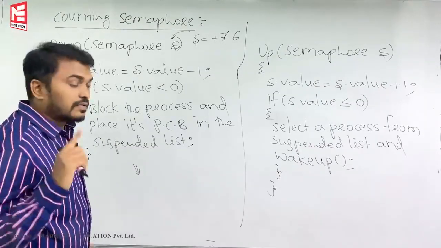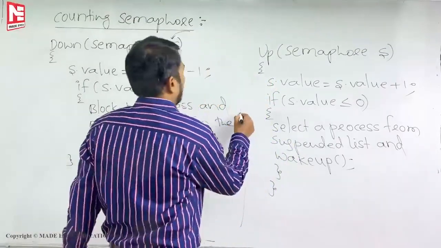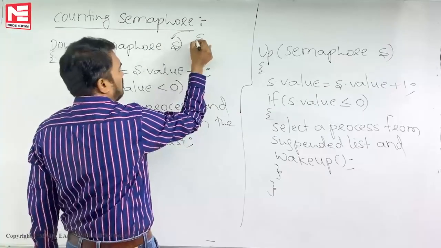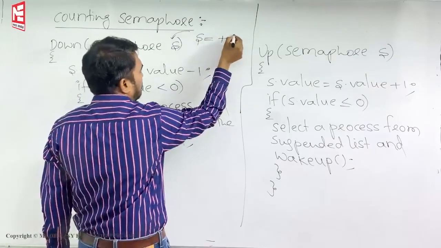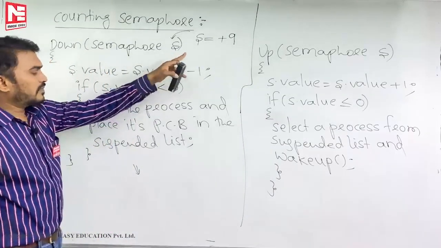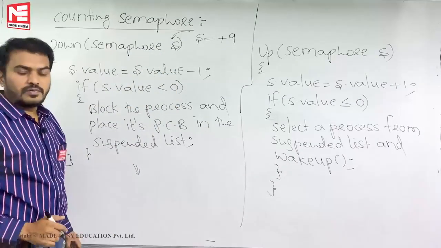So now I am asking a question to you. Think and tell me. Let's say the initial value of the counting semaphore S is plus 9. Listen carefully. The code is in front of you.